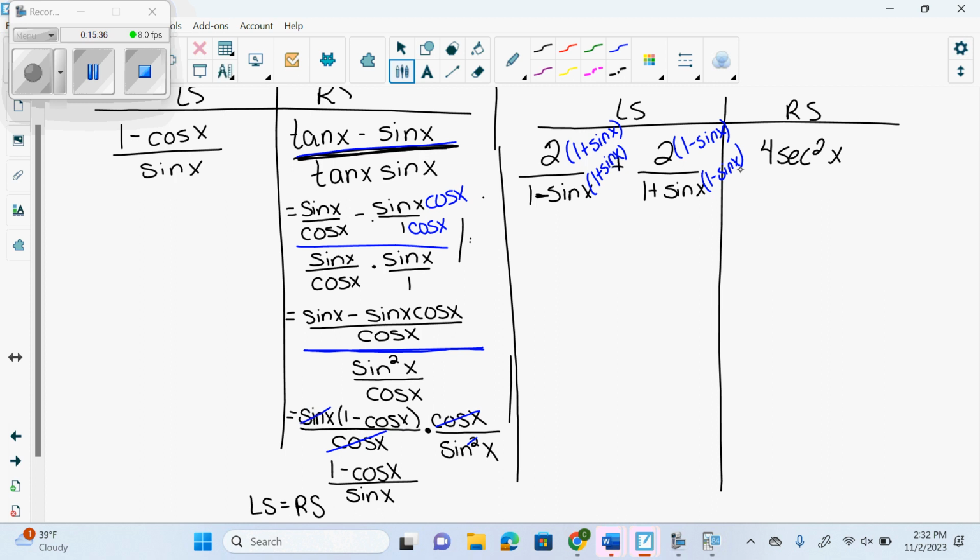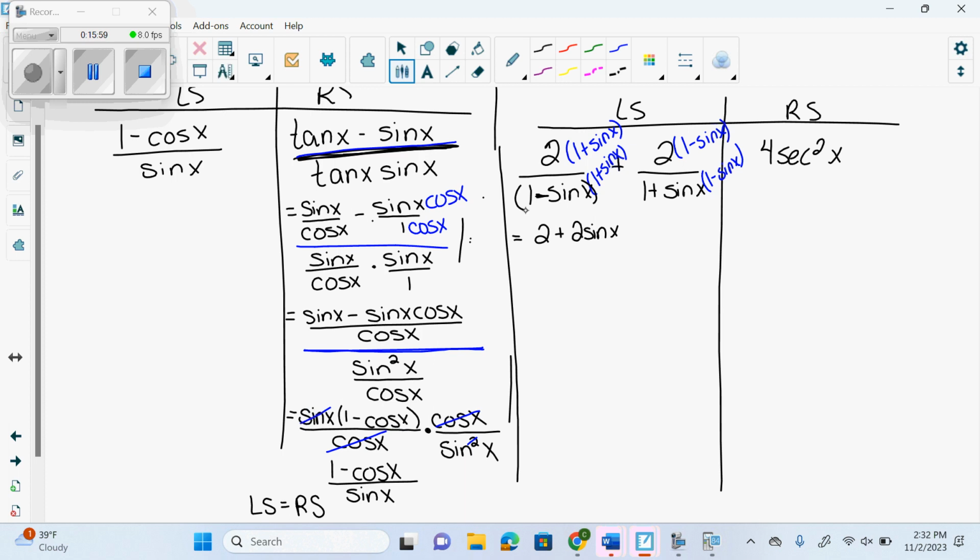So I just distribute the top, and I get 2 plus 2 sine x. Now what is this? Reverse. What's 1 minus sine x and 1 plus sine x? What's that the answer to? I think I heard someone whisper it. The answer to a difference of squares.